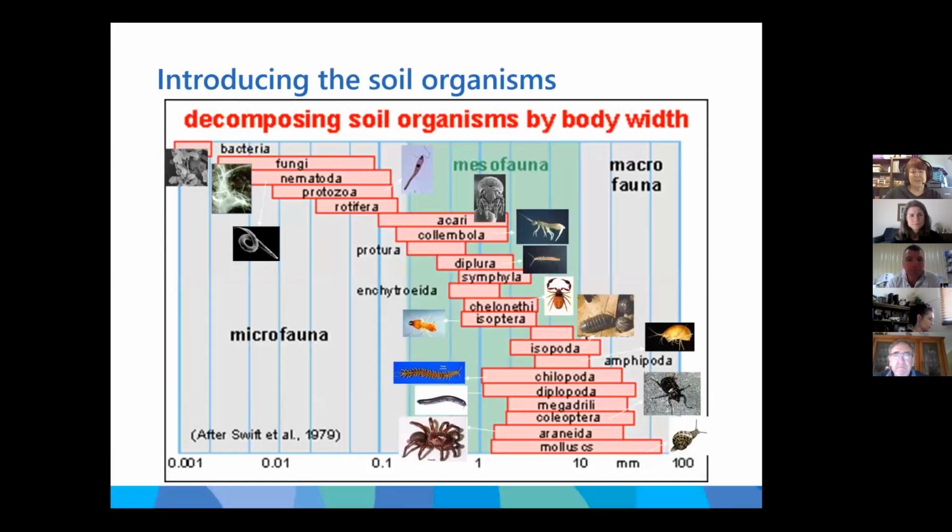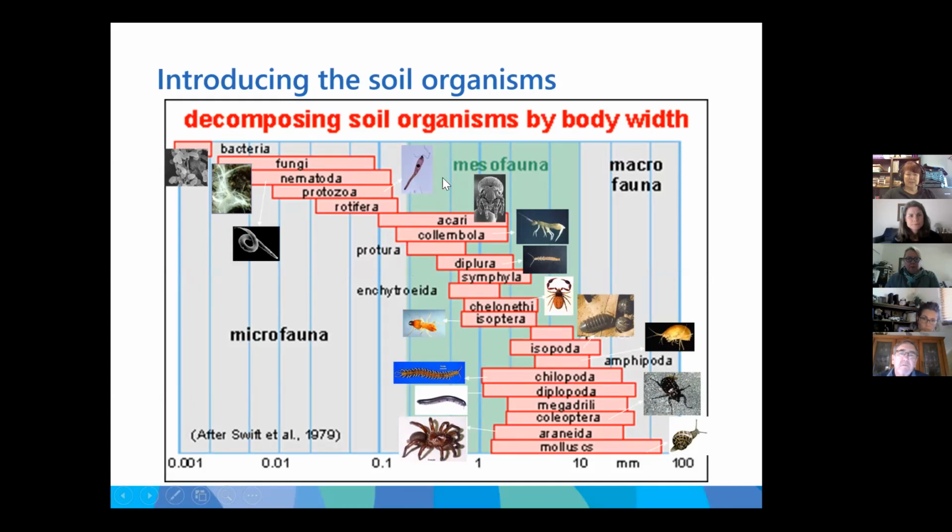So let me just introduce you to the soil organisms. This is a way we can classify some of these organisms by size. You can see down the bottom axis is a size scale. Right at the very smallest is the bacteria, single cell organisms. Then you've got fungi, which range throughout those sizes. They've got those hyphal threads. You've got nematodes, which are multicellular, but a very simple worm, and protozoa, single cell organisms.